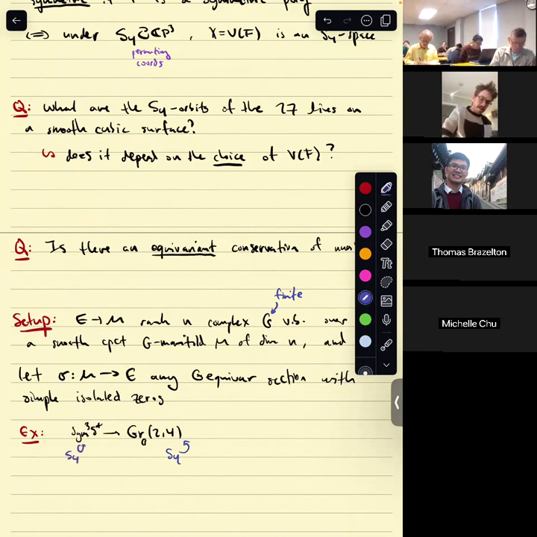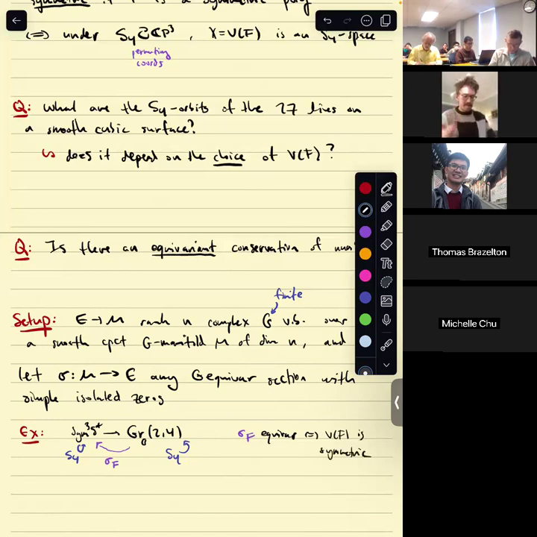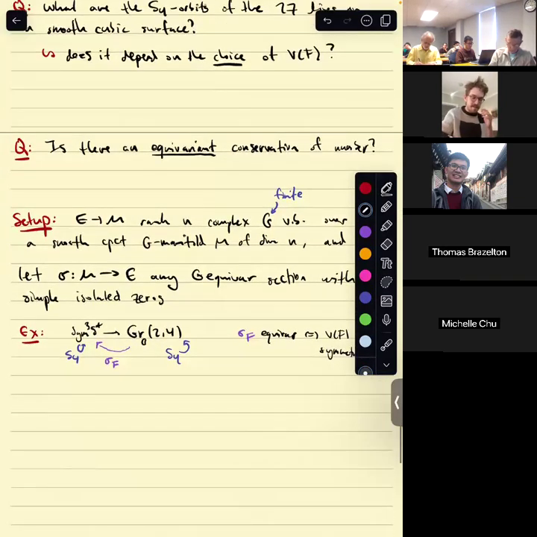I could take all kinds of sections of this, but the sections that I care about are the ones that are equivariant. So I want S4-equivariant sections, and sigma_f will be an equivariant section if and only if V(f) is symmetric. Okay, so this is the setup that I care about. And the simple isolated zeros is a technical assumption.